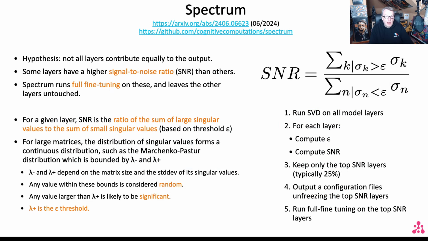Once we have the singular values, we want to look at their distribution. Because the intuition is, if for a given layer some values are much, much higher than usual, then it means the particular dimensions that those values correspond to have a disproportionate influence on the output.